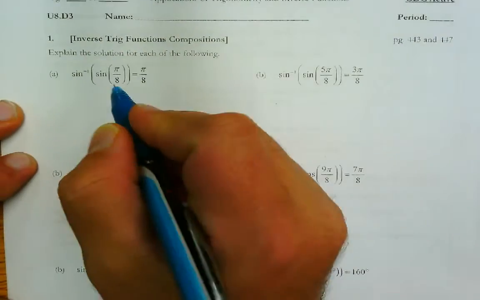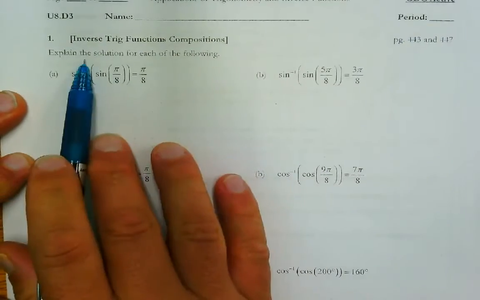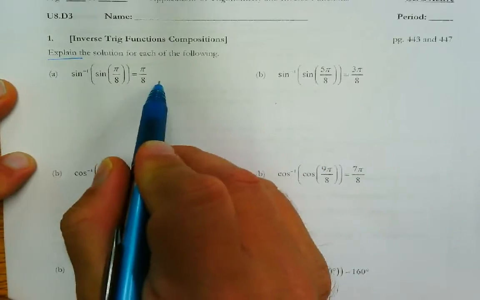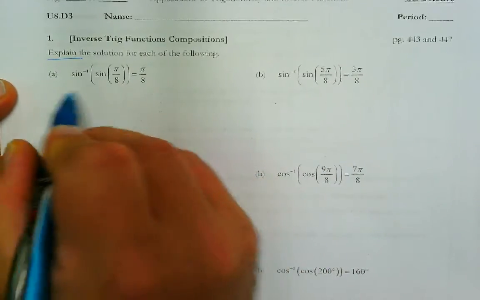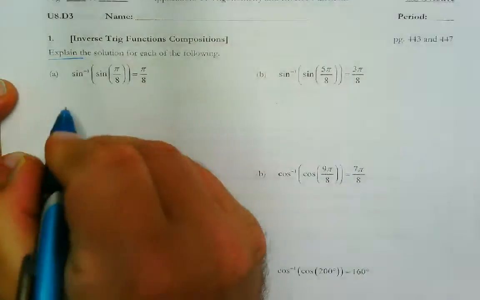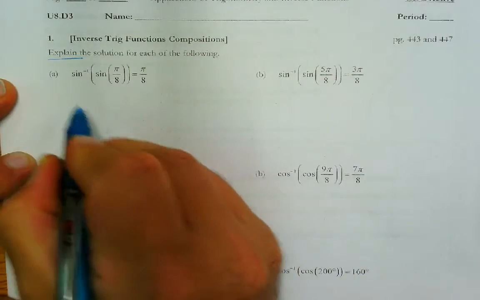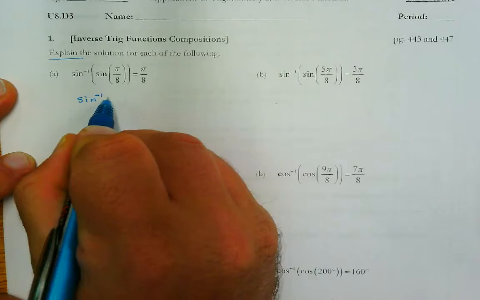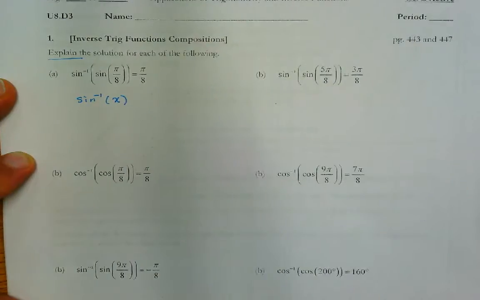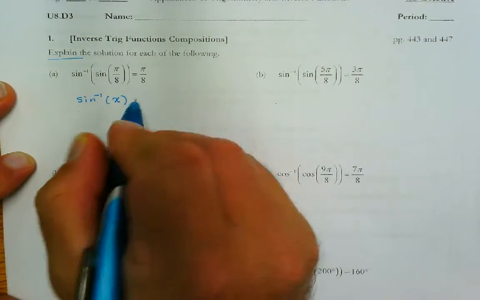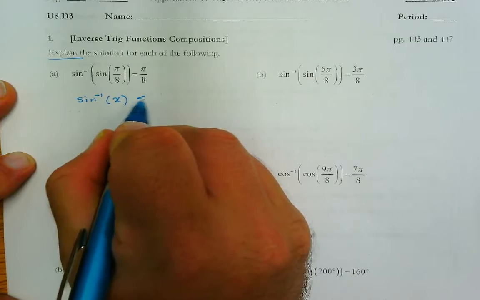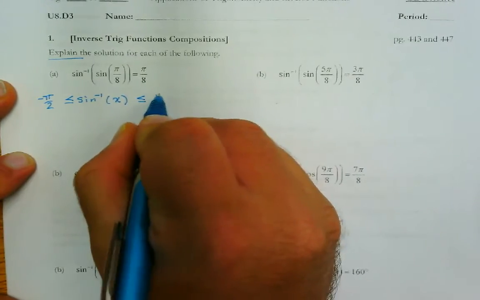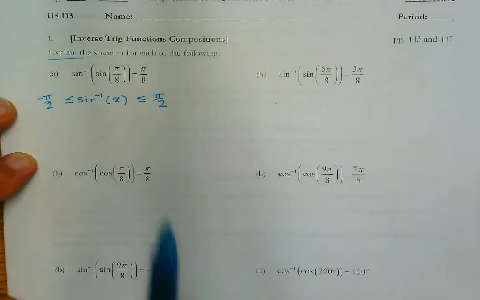If we want to explain the solution for each of these, here it's telling us that this is the value. Well, we know that the output of the inverse sine of some ratio has to fall between negative pi over 2 and pi over 2.